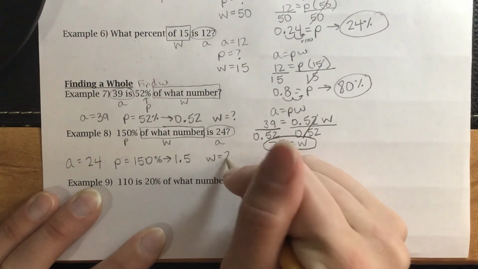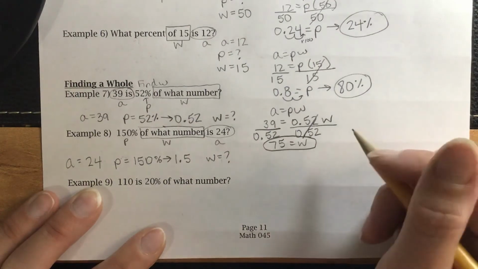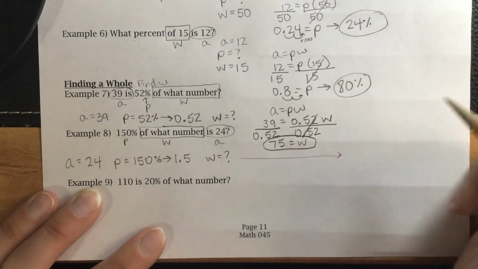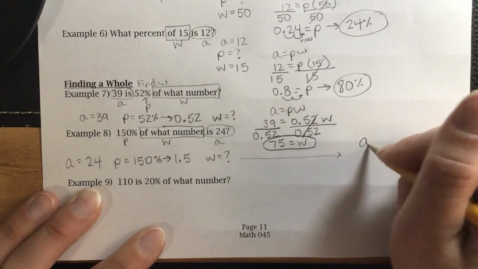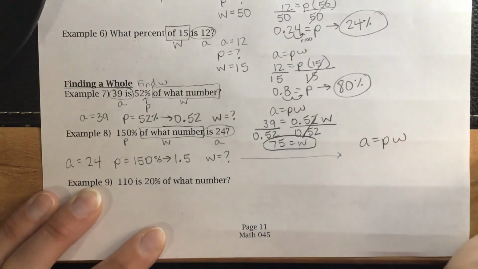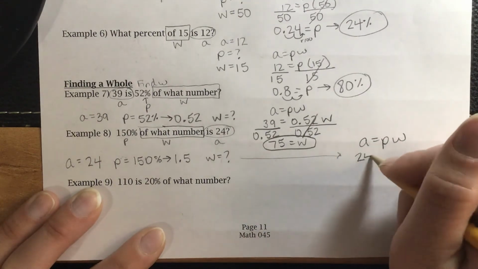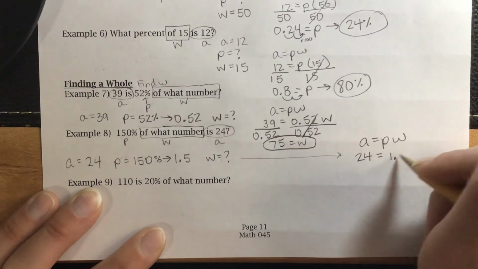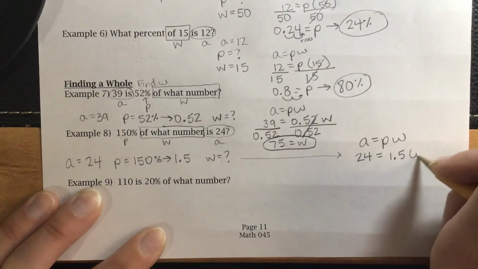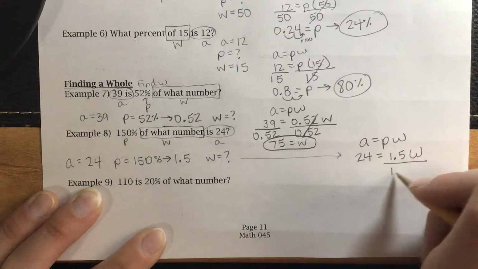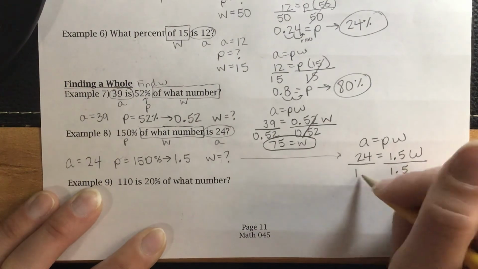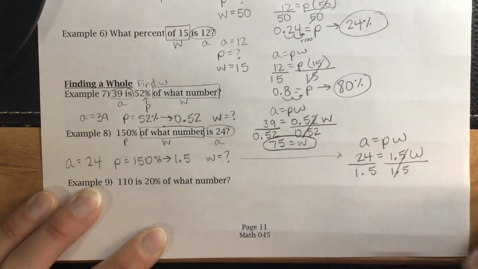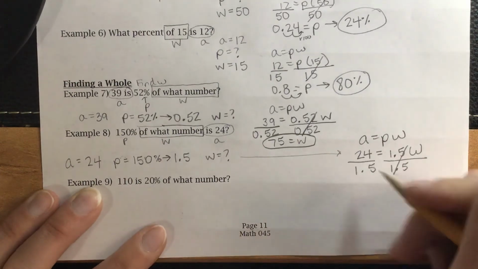And W is what I don't know. I'm going to do this problem over here for more workspace. So I have A equals P times W. I have 24 equals 1.50 or 1.5 times W. Divide by 1.5 on both sides. And when I do, I get 16.